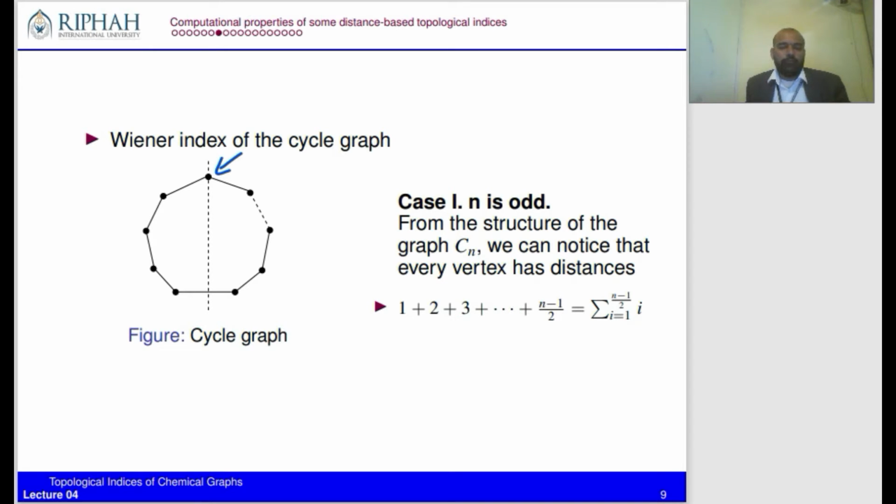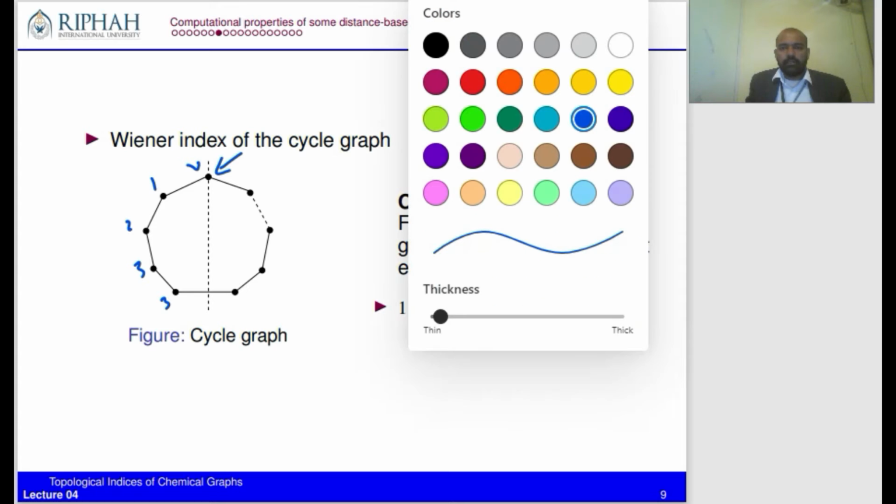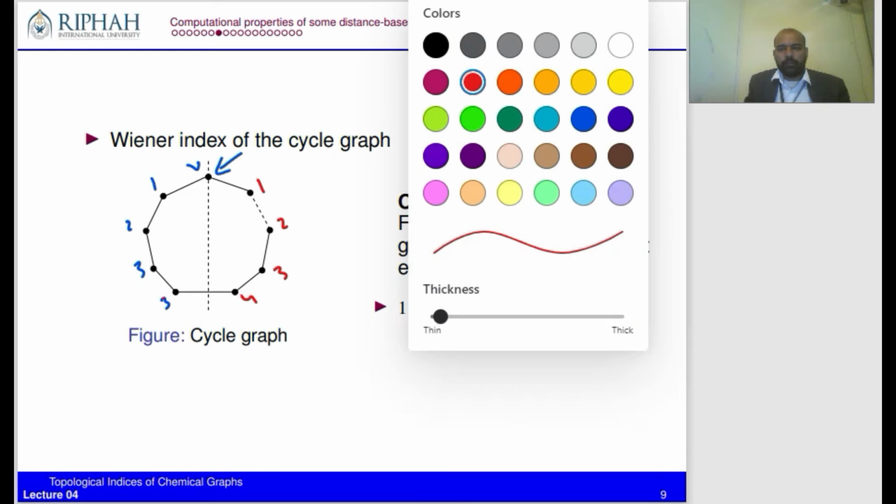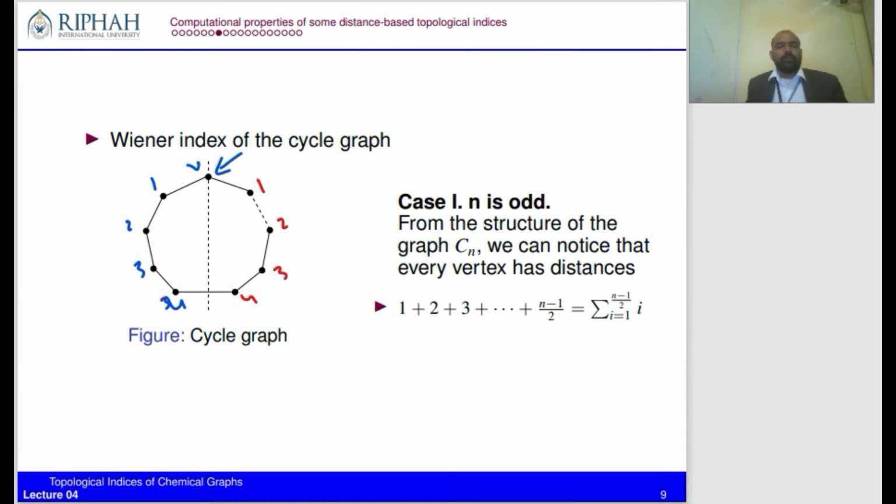If we observe, the vertex v has distance 1, 2, 3 and 4, and again on the right side we observe here is 1, 2, 3 and 4, so here is again 4, here is 4.